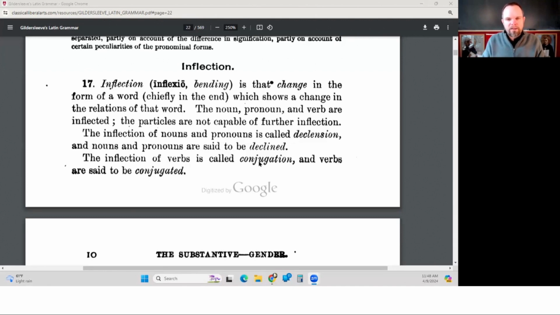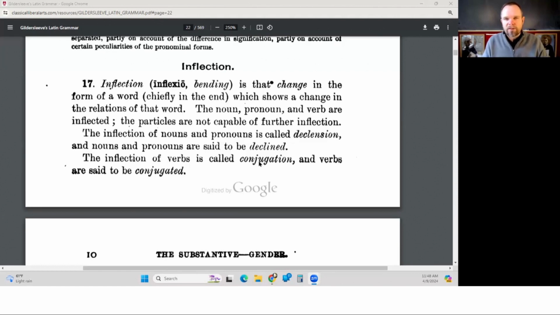So if I want to ask you to give me the forms of a noun, I'll say conjugate the noun vir. Conjugate the noun homo, conjugate the noun donum, and so on. I'm sorry, I said that backwards. It's early. I would say decline the noun vir, decline the noun homo, decline the noun donum. And I would do the same for pronouns, all right? I would use the verb decline in the instructions.